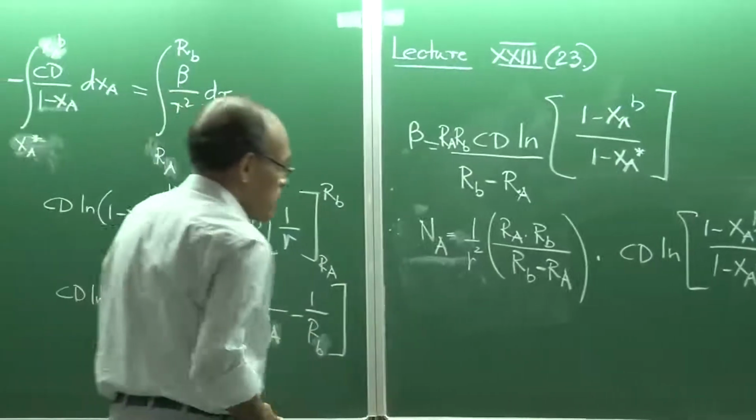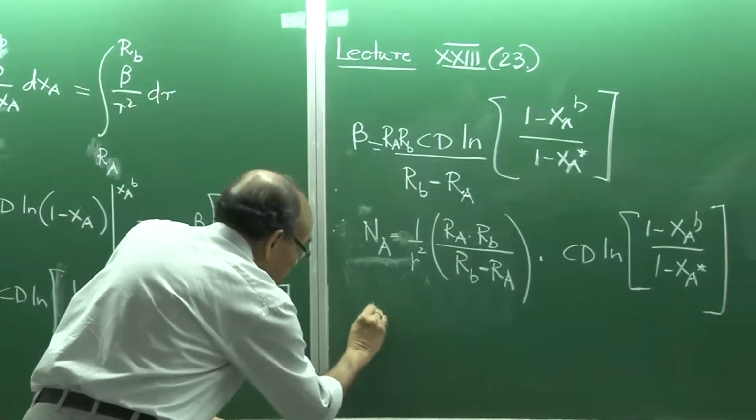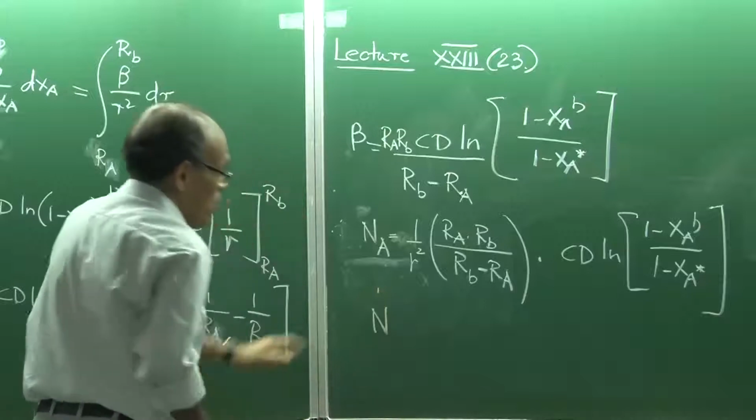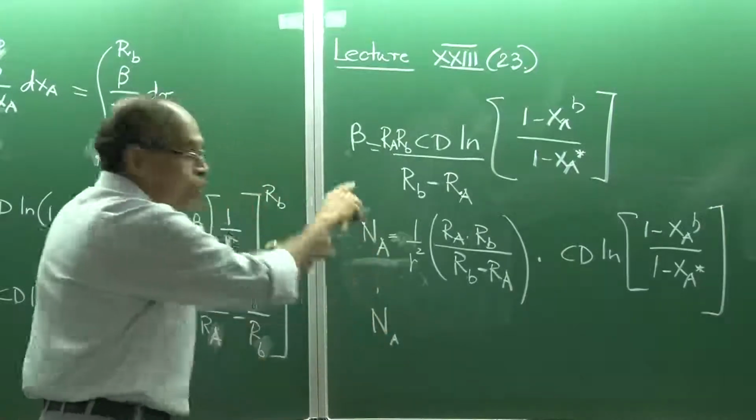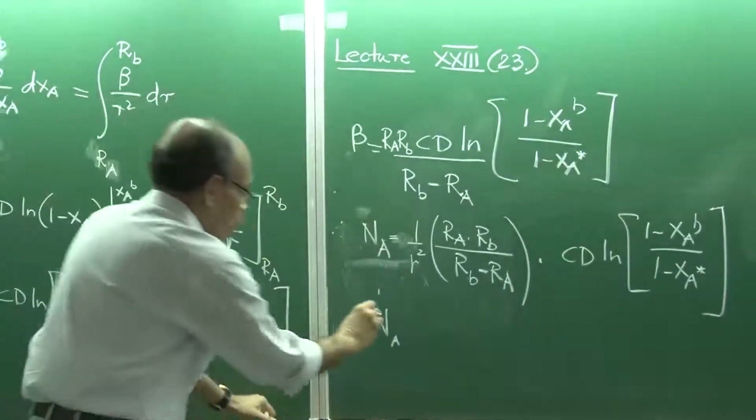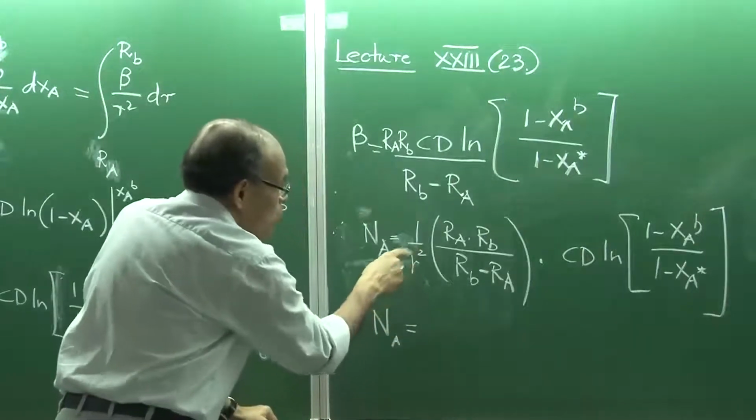And this is flux, and if I want the net rate of transport of A, then I will multiply this by the area, which is 4 pi r square, and that r square and this r square are going to cancel.